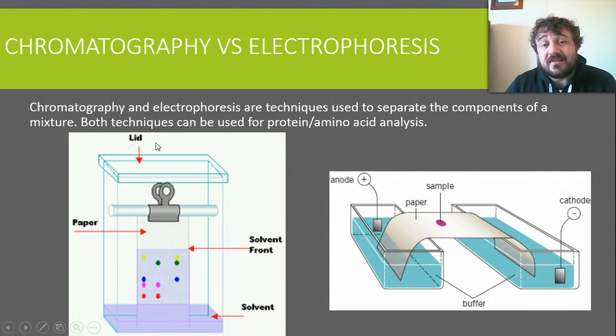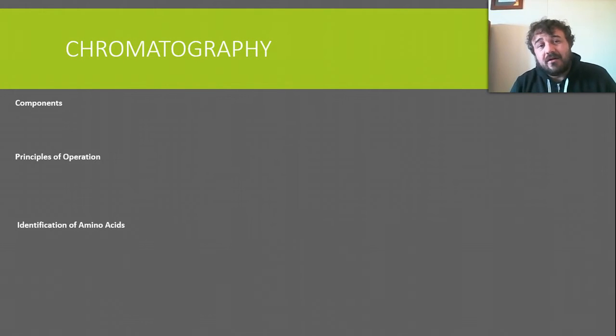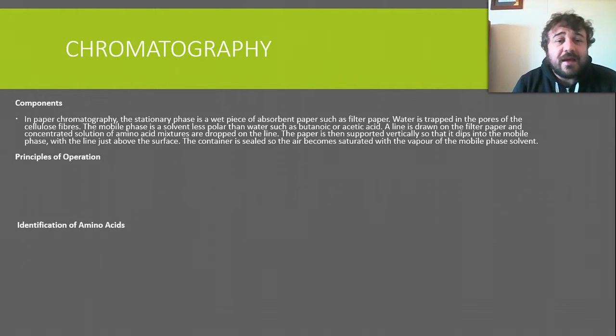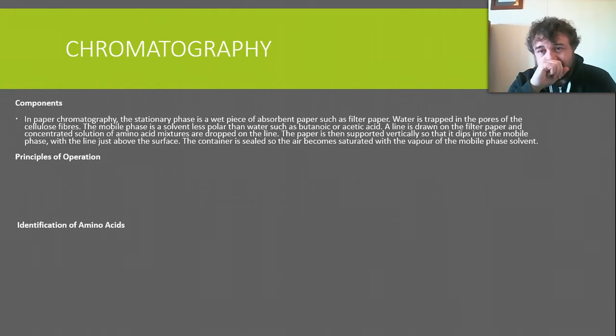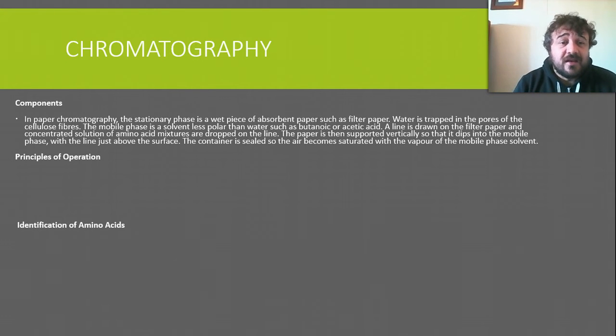Chromatography and electrophoresis are both used by forensic chemists, and they can both be used for protein or amino acid analysis. So chromatography. Basically, you've got a stationary phase, which is a wet piece of absorbent paper. We'll use filter paper. Water gets trapped in the pores of the cellulose, and the mobile phase is the solvent.